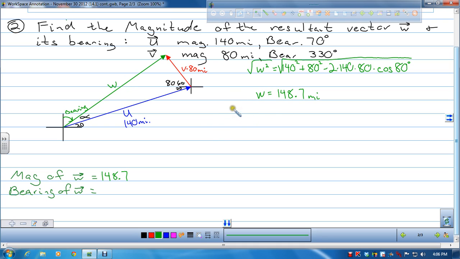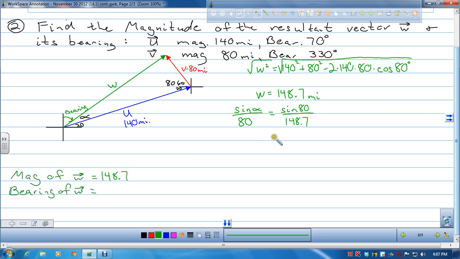Remember, always put your unknown on the top when you're dealing with the law of sines. So I'll have the sine of alpha over its opposite side, which would be 80. And that's equal to the sine of 80 over W, which I now know is 148.7.